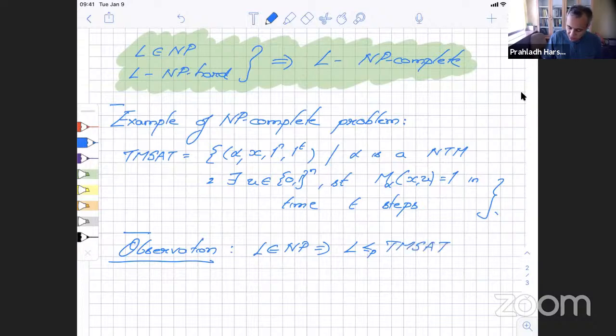So if you want to show this, you have to display to me the function f, the polynomial time function. How would you do this? To help you, let me say L is in NP.